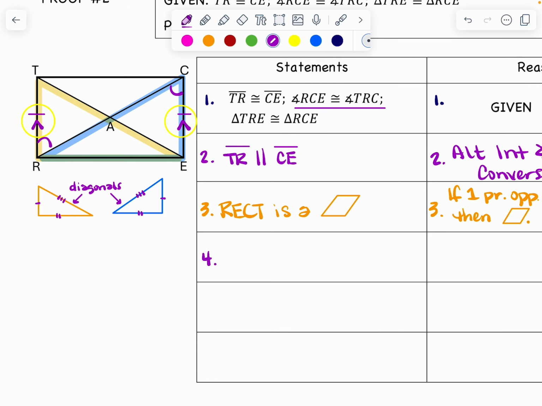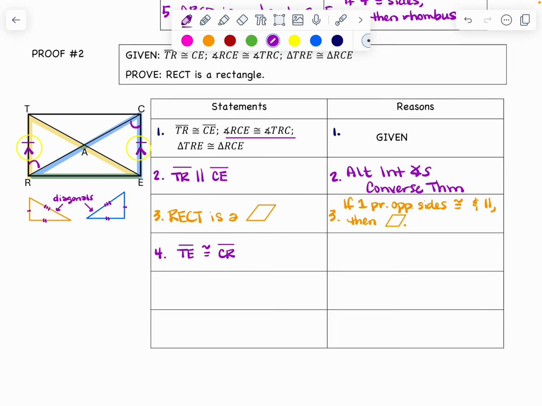So I'm going to use that little factoid that these triangles are congruent, then say, oh, well, okay, if the triangles are congruent, then hypotenuse TE is congruent to hypotenuse CR. And I know that because of CPCTC.